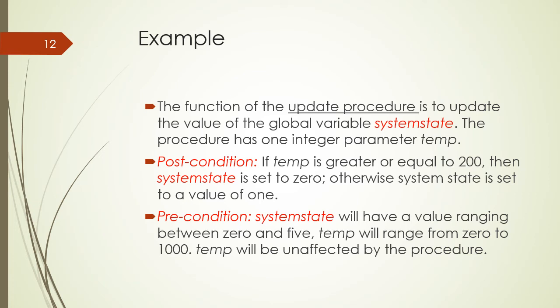It has a postcondition: if temp is greater than or equal to 200, then systemState is set to 0. Otherwise, systemState is set to a value of 1. And the procedure has a precondition: systemState will have a value ranging between 0 and 5. Temp will range from 0 to 1000.